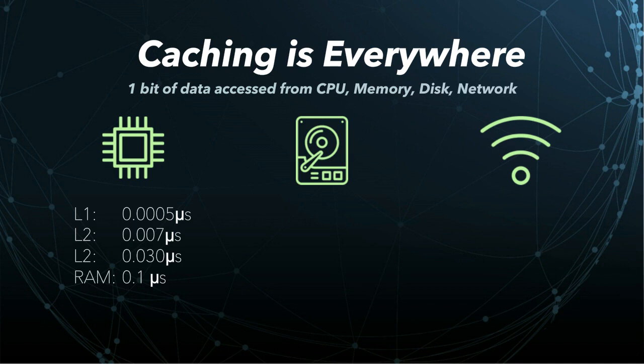You might think, oh great, that's fast. But if I still don't have the necessary bits and I have to move on to disk, it's getting slower. Just consider the RAM, for instance: a RAM hit is still 200 times slower than an L1 cache hit on the processor.